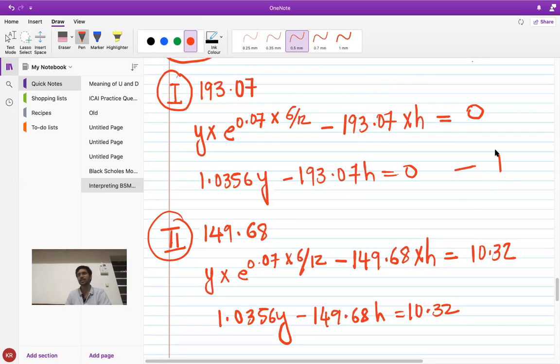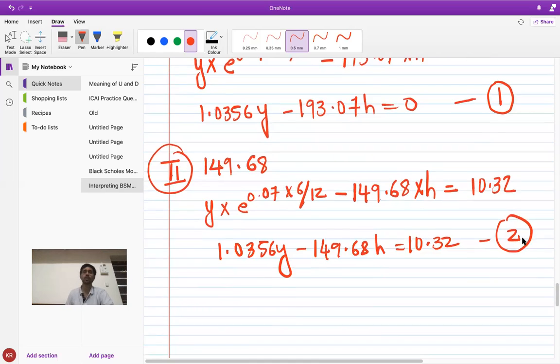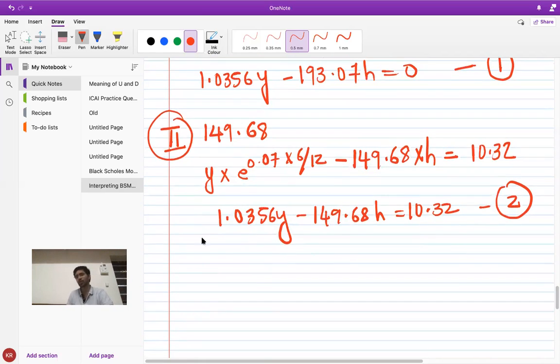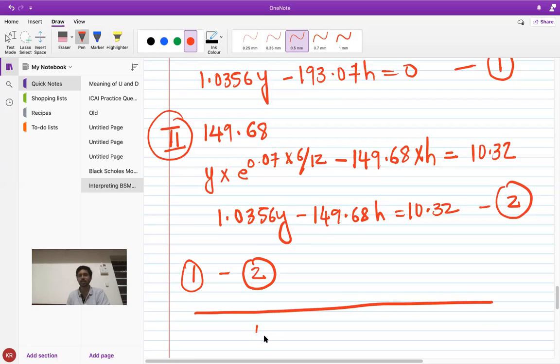Let us say this equation is 1, this equation is 2. I have two unknowns, y and h, and two equations. Solving them, I'm doing basically 1 minus 2. 1.0356y minus 1.0356y is equal to 0, so this will be 0.